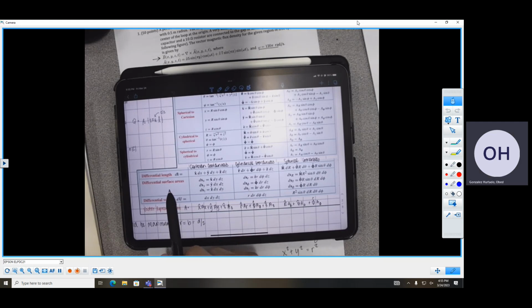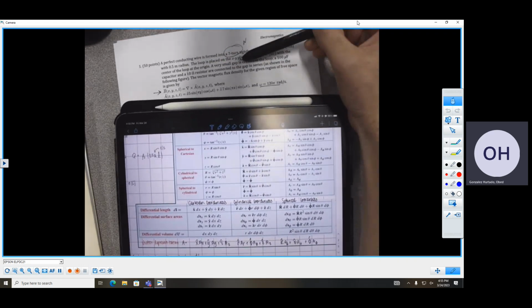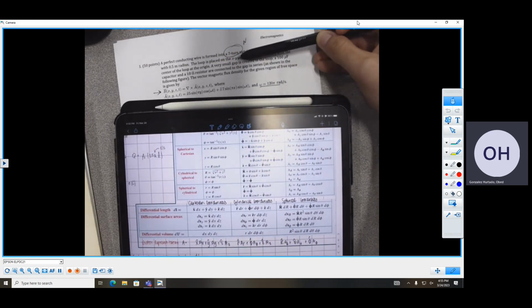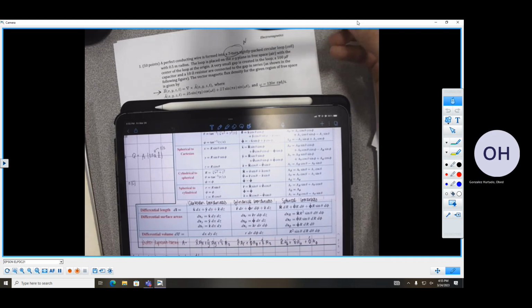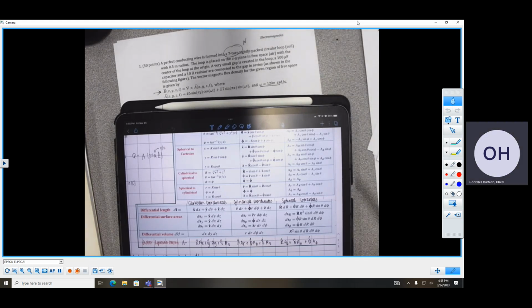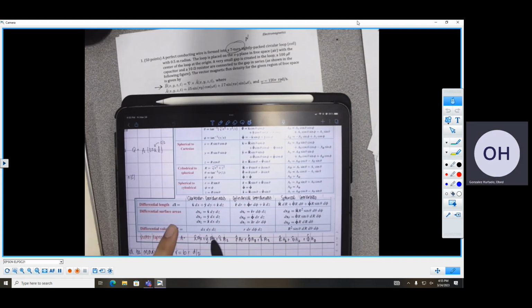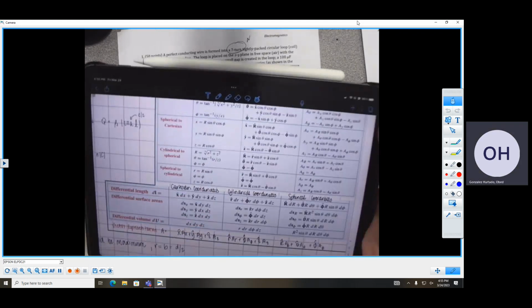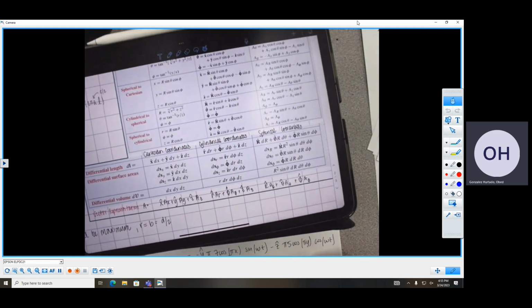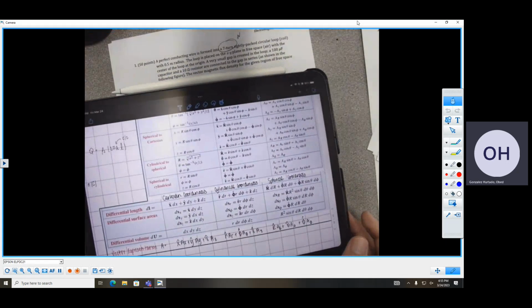So from here we know it's ds, and this is where, yeah, you would use the z because we're on the xy plane. Use the other one, right? Yeah. Oh, yeah, I forgot something on here, so it's like that.